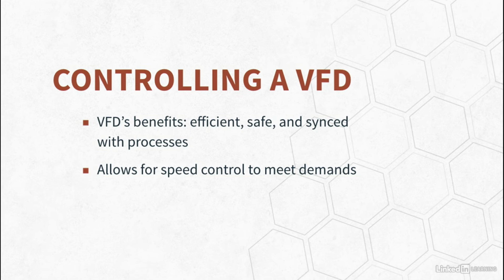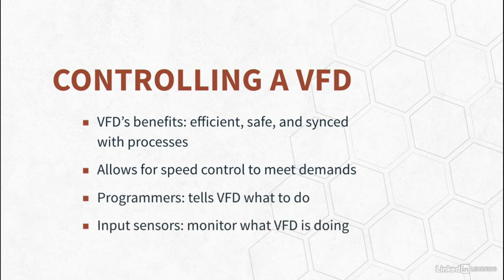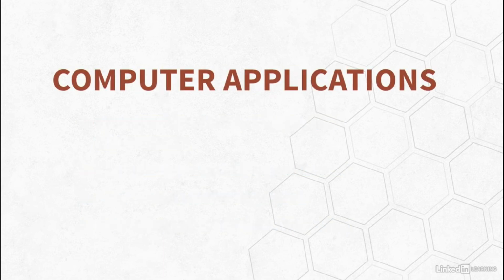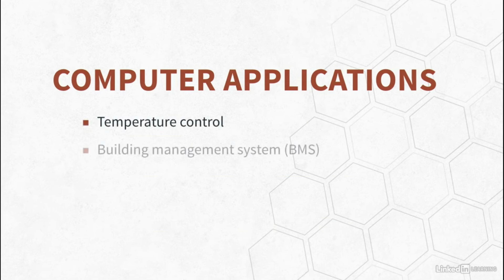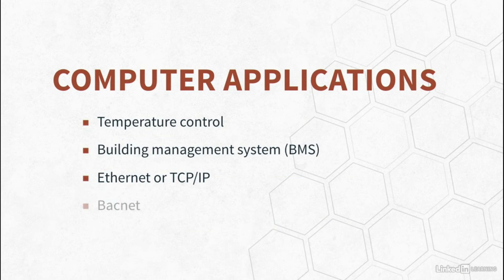In order to achieve this specific amount of control, programmers and input sensors are used to let the variable frequency drive know what's going on around it and what is expected of it. Computer applications such as temperature control or building management system, also known as BMS, Ethernet or TCP/IP, BACnet, and many other protocols are used to control a VFD.